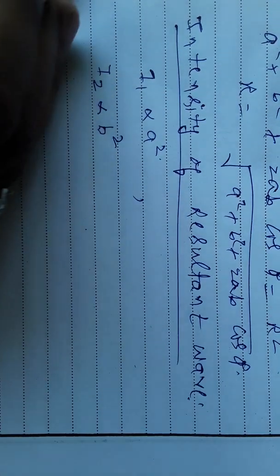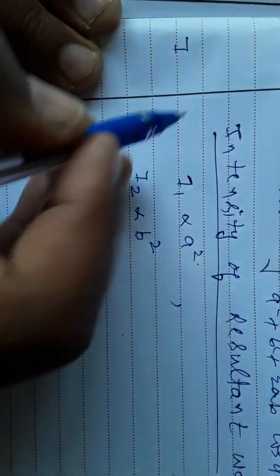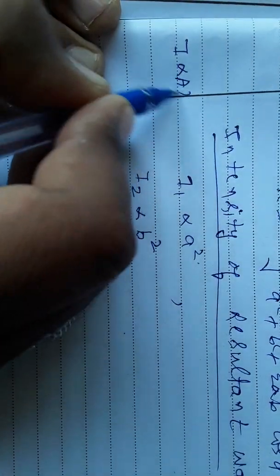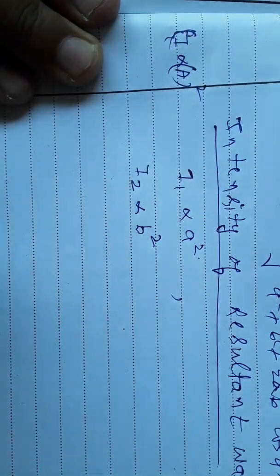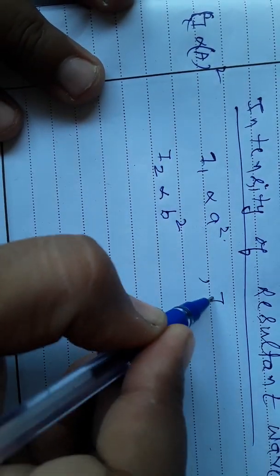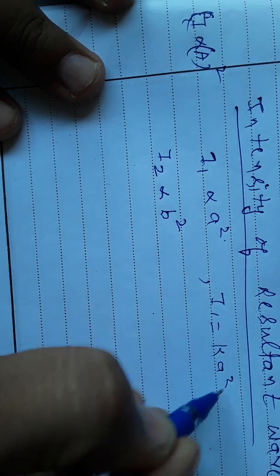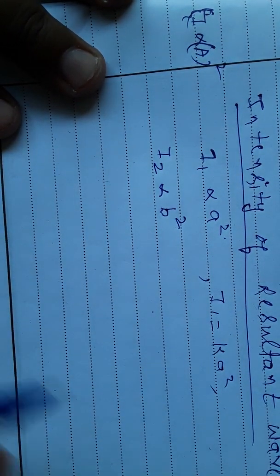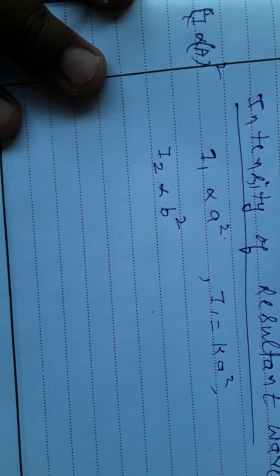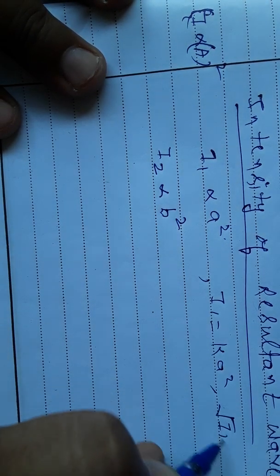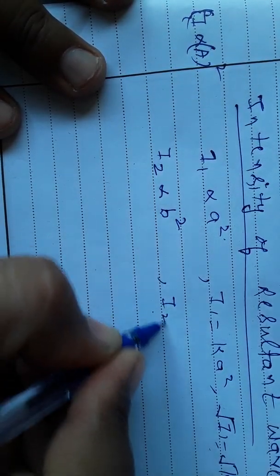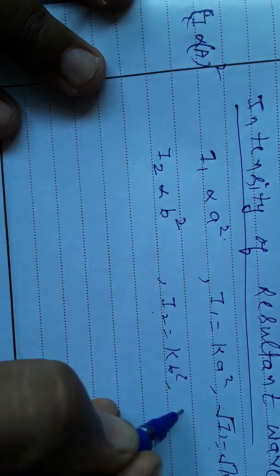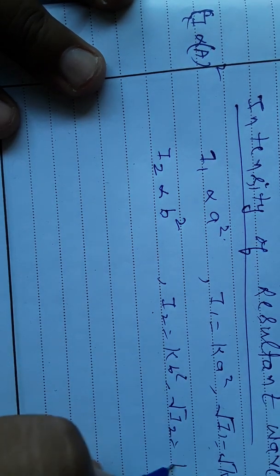We are using the relation that intensity is directly proportional to amplitude square. So we can write I1 is equal to K a square. If we take under root on both sides, under root I1 is equal to under root K into a. I2 is equal to K b square, under root I2 is equal to under root K into b.